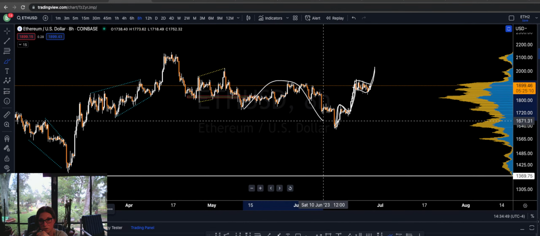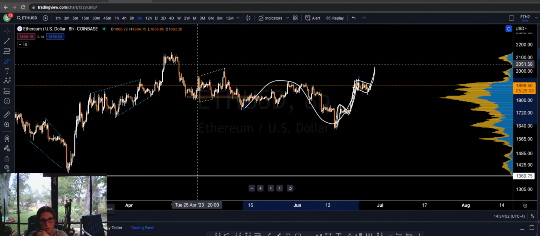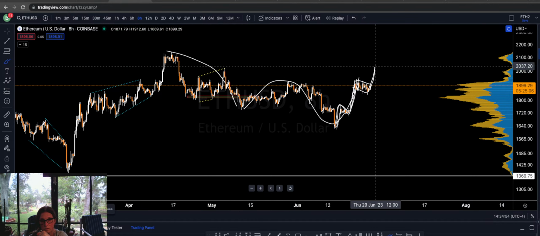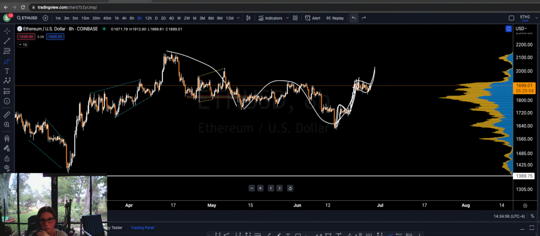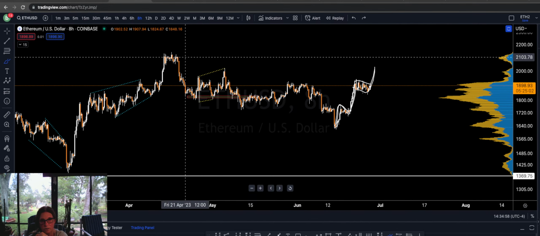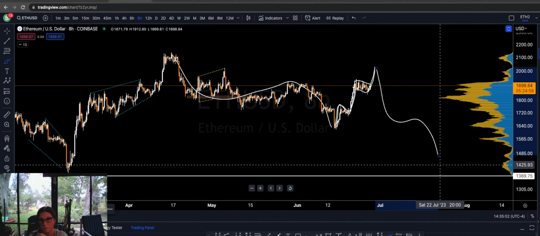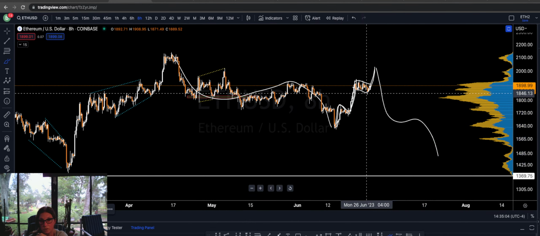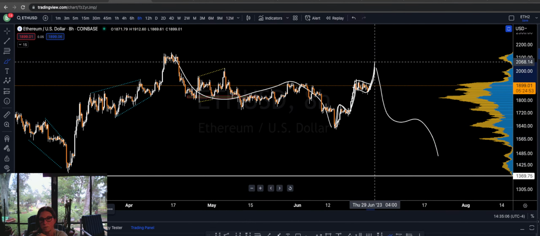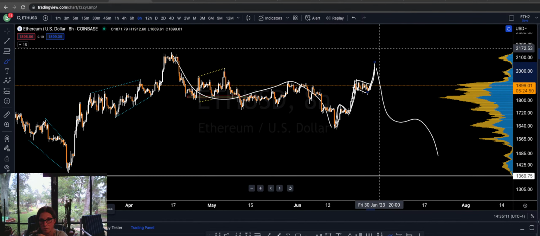Either this is the connector like Bitcoin, and then this needs a partner, or, and it doesn't really matter which one it is, or this needs a partner. It means more downside. So ETH needs to give us this plus so that we have a chance that this is the start of something.